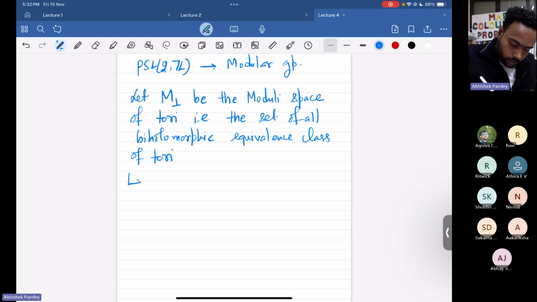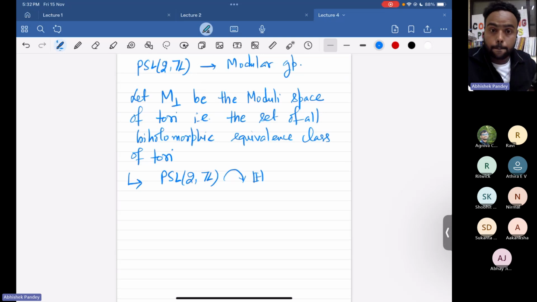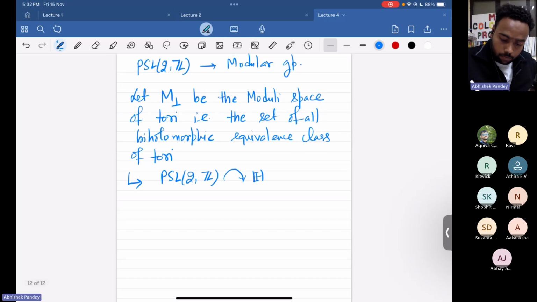Observe that PSL2Z acts on the upper half plane properly discontinuously.